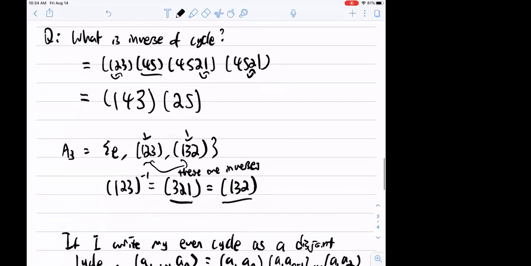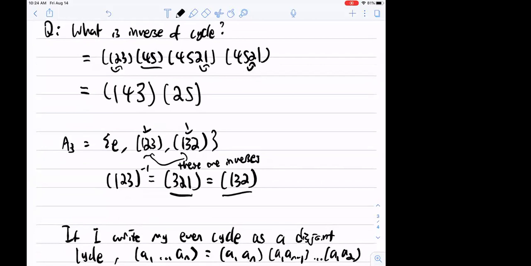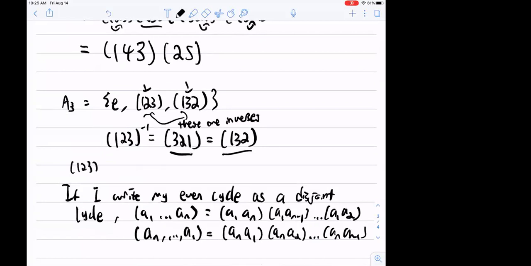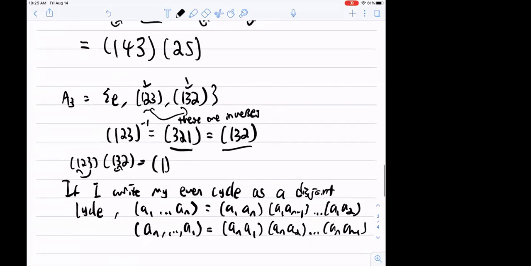Another quick question: since it's a group, an element times its inverse equals the identity. But how can we show it equals the identity? Just check it. Where does 1 go? 1 goes to 3, 3 goes to 1. And where does 2 go? 2 goes to 1, and then 1 goes to 2.